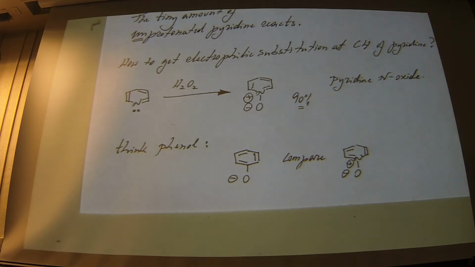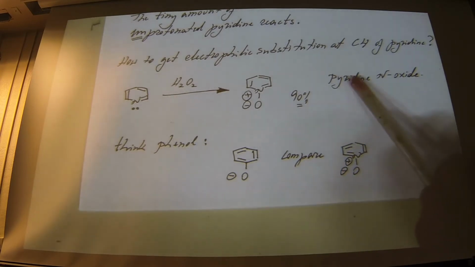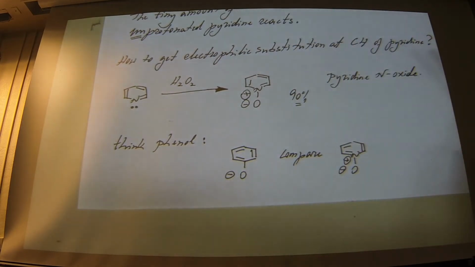What do we know about phenol vis-a-vis electrophilic aromatic substitution? Well, we know it's highly activated, right? And we know that phenoxide is even more highly activated because you have a full negative charge on the ring. And so what this tells you is that the pyridine N-oxide should be a pretty hot nucleophile to react with electrophiles like NO2+ or whatever.